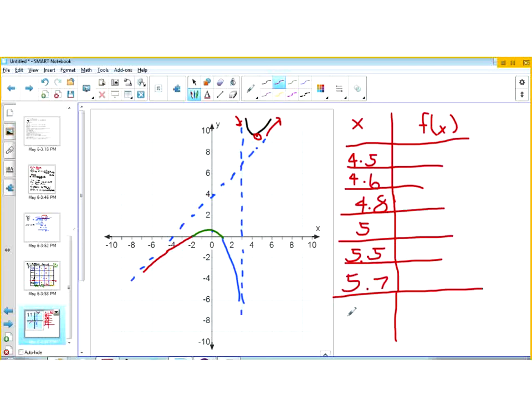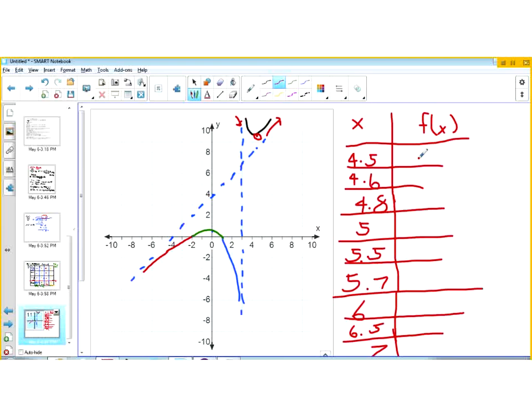This function table is used to hunt for the local minimum. So let's fill in the function table and look for a pattern in the f of x output.